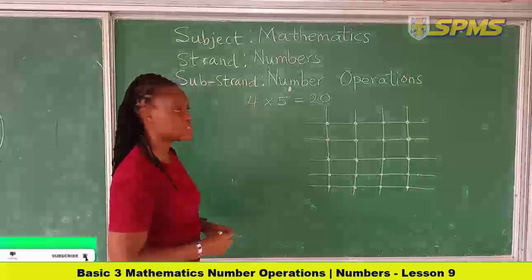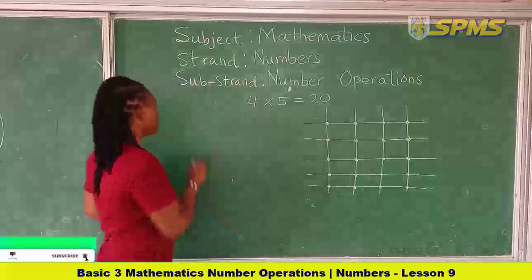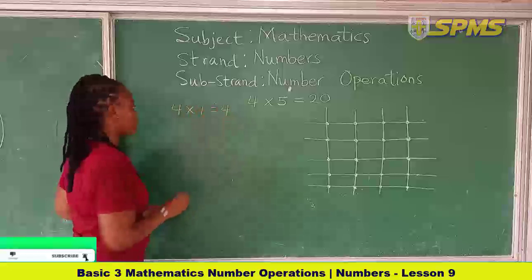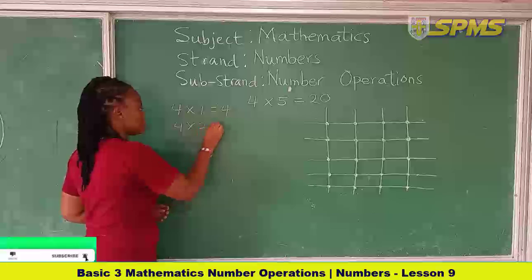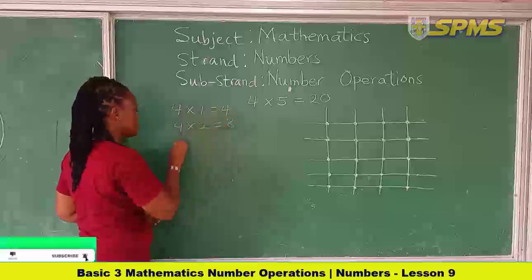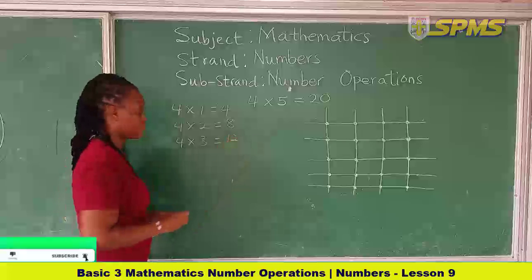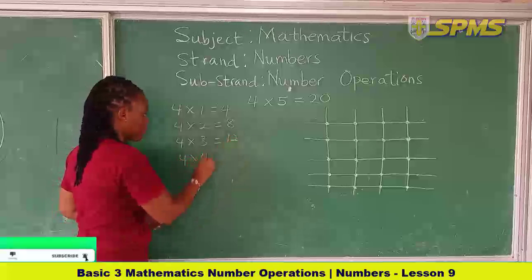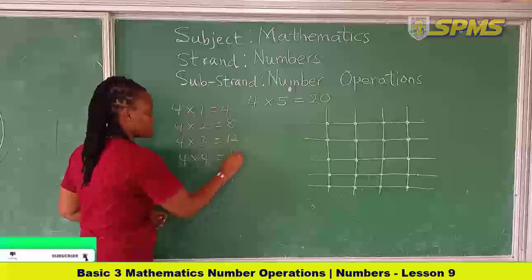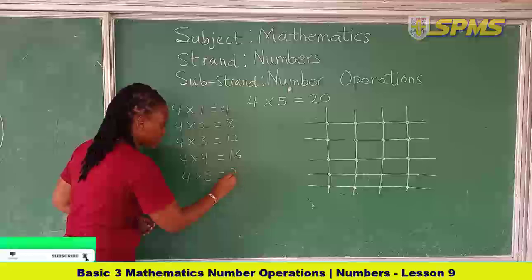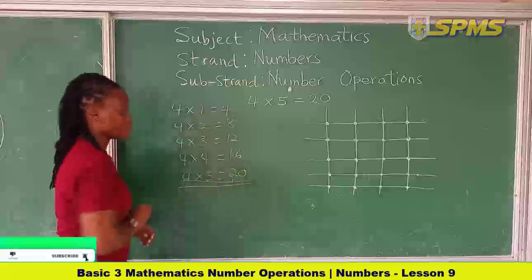Now let us look at it on our times table. So we have 4 times 1 will give us what? 4. 4 times 2 is 8. 4 times 3 we have 12. 4 times 4 we have what? 16. And then 4 times 5 we have 20.